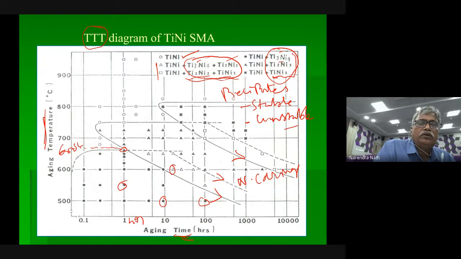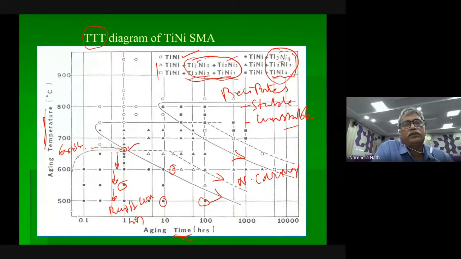What I can do is rapid cooling. When I do rapid cooling, this phase, whatever is existing, is going to be arrested and stay there. If we allow further, it may take say 10 to 15 or 20 hours, then it transforms and you will get all kinds of phases. This should not be.